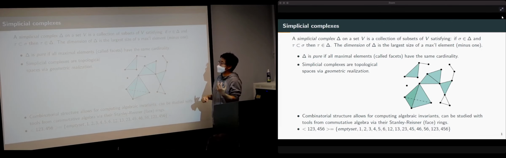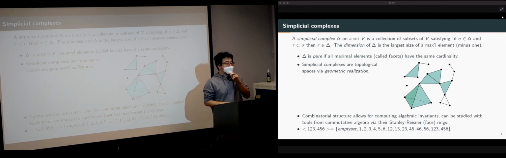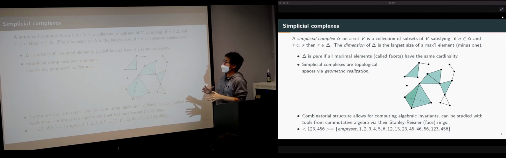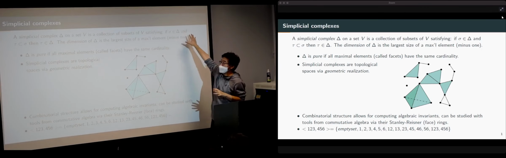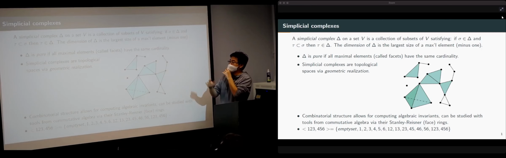So simplicial complexes appear everywhere. They appear in combinatorics, topology, and also in algebra, by looking at something called the Stanley-Reisner ring. So the notation that we are going to be using a lot is this: given a simplicial complex, from this definition, if you can encode all the facets, then you basically have all the information of all the faces, because they're just going to be the subsets of the facets.